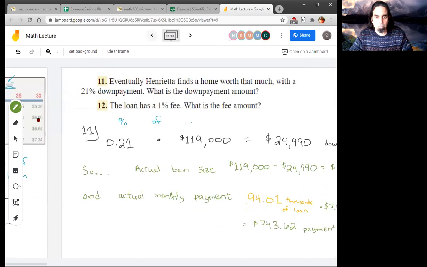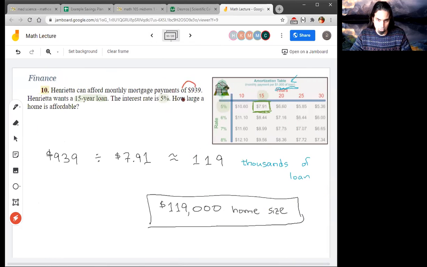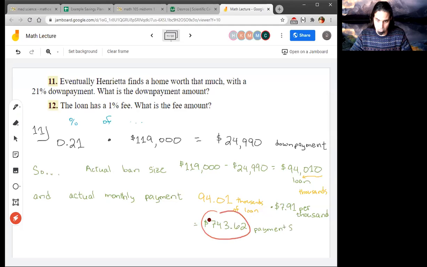That's smaller. She budgeted 939. She's only writing checks each month for 743, but again, that's good. We're assuming she doesn't have 25,000 cash lying around. She's paying back grandma or paying back her retirement fund or something to get that down payment. So it's okay that her monthly checks for mortgage are under budget.